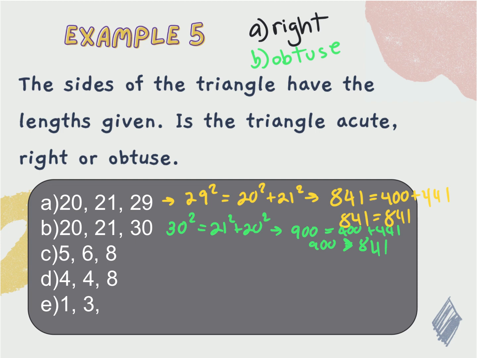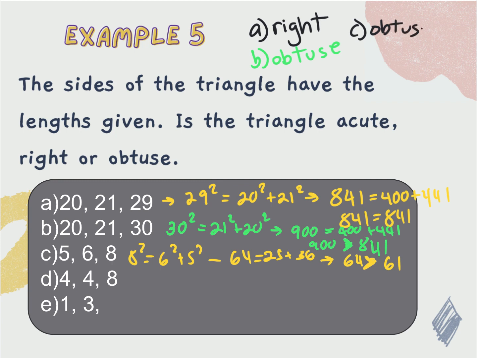Now the third one, 8 squared equals 6 squared plus 5 squared. That's going to give us 64 equals 25 plus 36. That's going to be 64 equals 61. 64 is bigger, so triangle C is also obtuse. For triangle D, we have 8 squared equals 4 squared plus 4 squared.